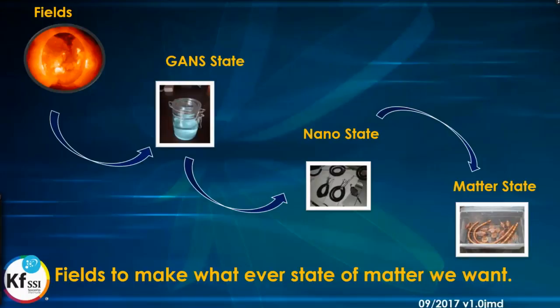And then in return, we've begun to learn that from the fields, we can make the Gans material, just like we've been taught to make CO2 Gans, which is essentially produced from the fields around us, to the nano and matter stage. So from the fields, we can then begin to realize that we can start making and create matter, any matter that we want using the fields.